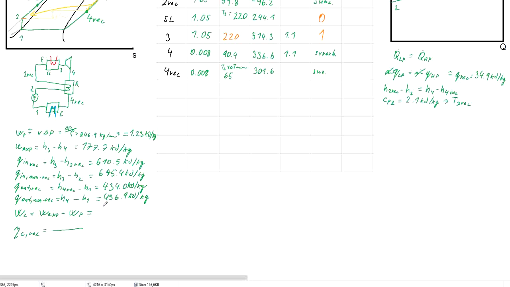So it's 176.5 kilojoules per kilogram, and the efficiency of the recuperated cycle is work of the cycle divided by Q in recuperated, so we will get 27.35%.